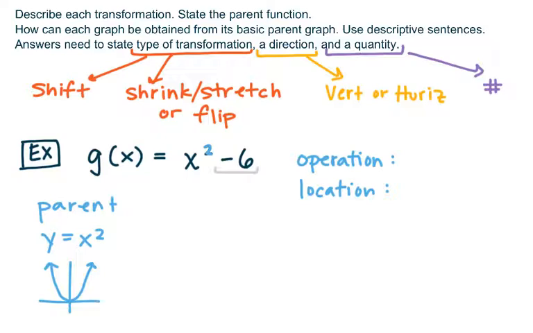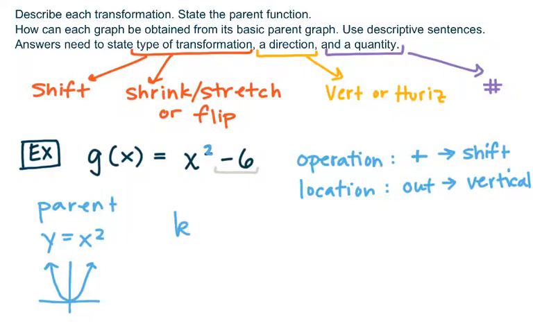The operation here is addition, and addition or subtraction, that implies a shift. So we know this is shift. And because it is outside, it's not grouped inside parentheses with X. Think about like being in jail with X behind bars. It's not inside with X, it's outside. That lets me know it is vertical. So this is going to be a vertical shift.